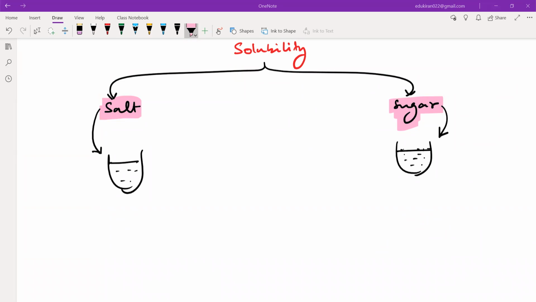Mohammed Umar, what do you think? Sir, can you repeat the question once again? Out of salt and sugar, which will be dissolved easily? Okay. Sir, sugar will be dissolved easily. Okay. Those who are voting for sugar, please raise your hand.